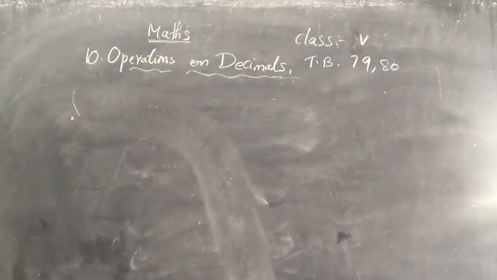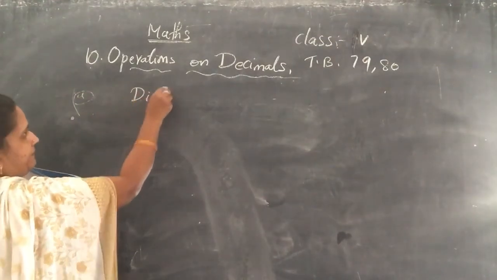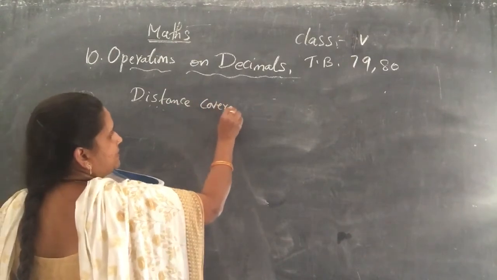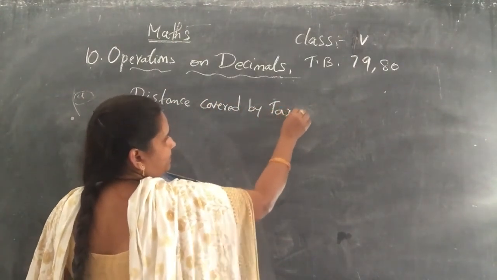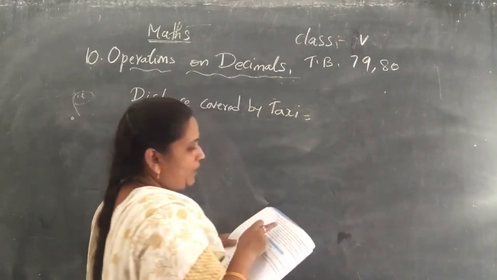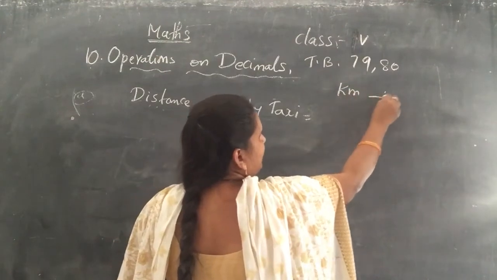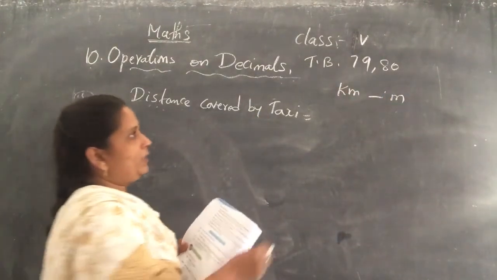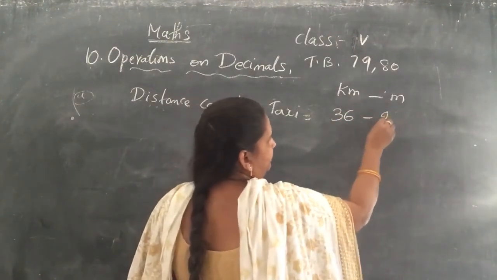Distance covered by taxi is equal to, all are kilometers and meters, so above you can write kilometers and meters. How many kilometers? 36 kilometers and 235 meters.